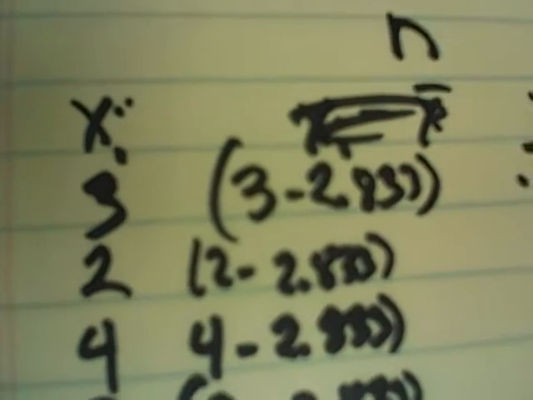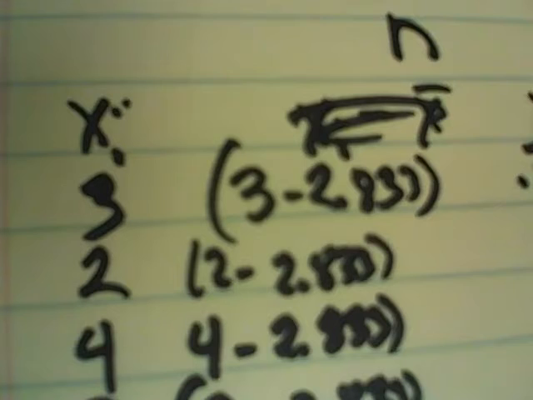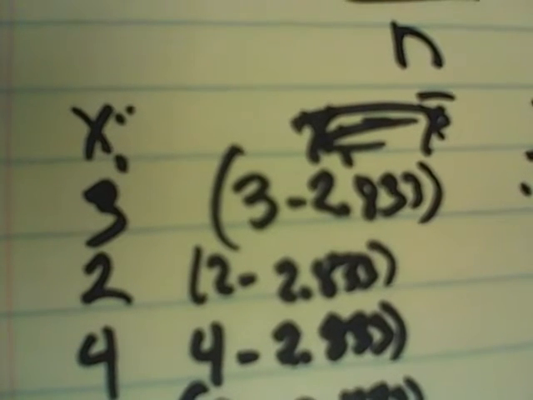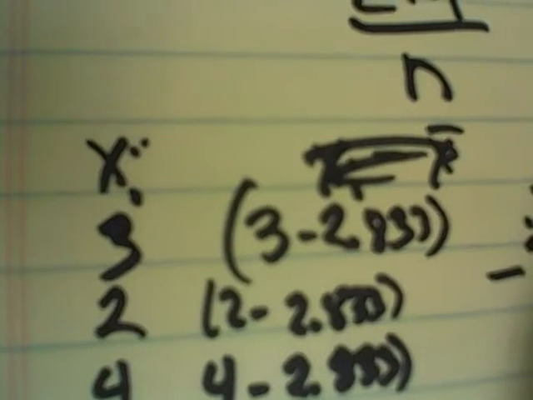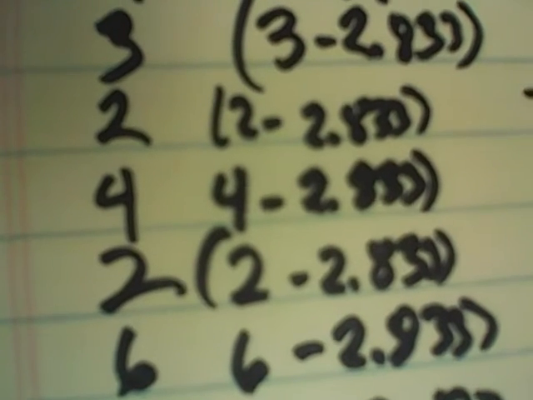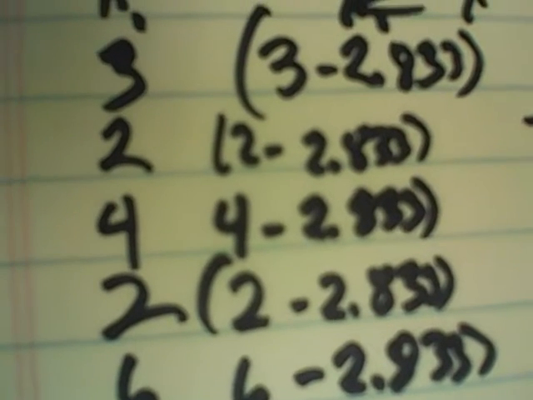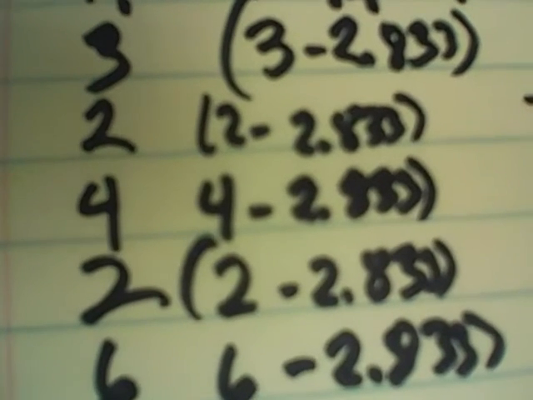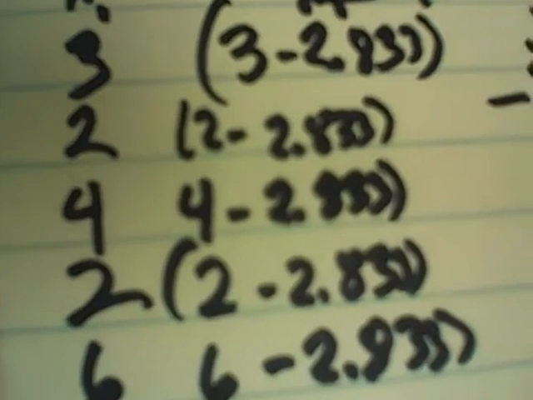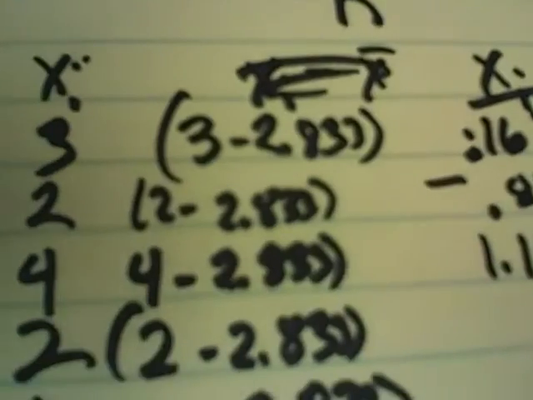Here we're going to take 2 minus 2.833. That's going to give us a negative 0.833. Then we're going to take 4 minus 2.833. Let's do that again. 4 minus 2.833 gives us 1.167. So write that down there.